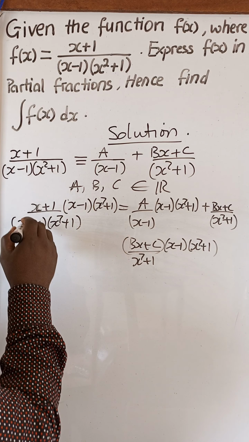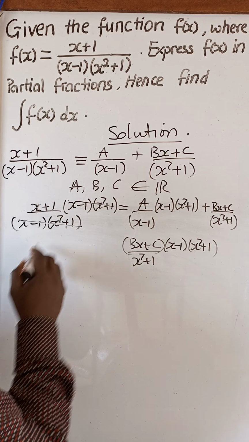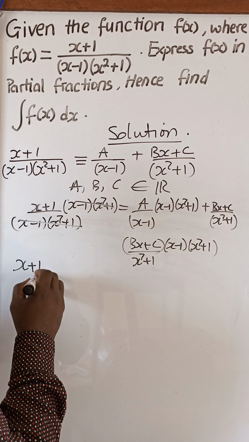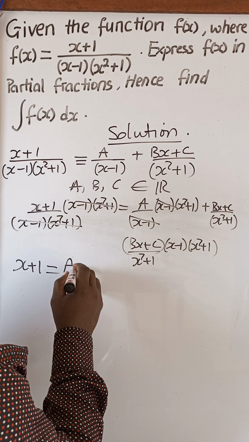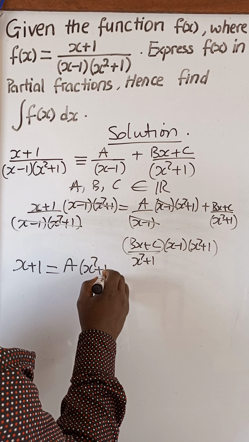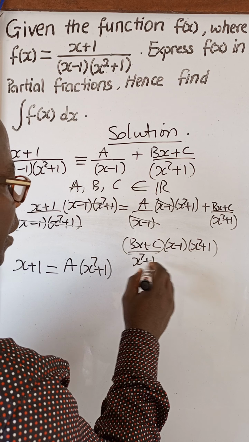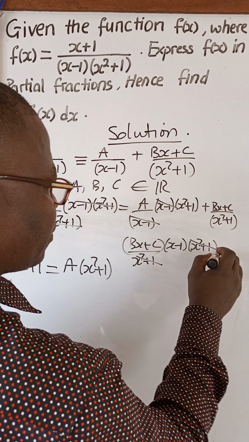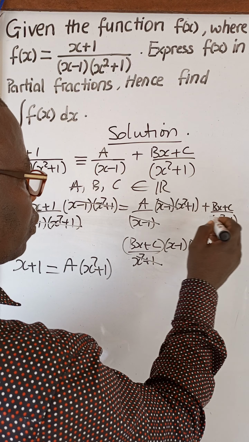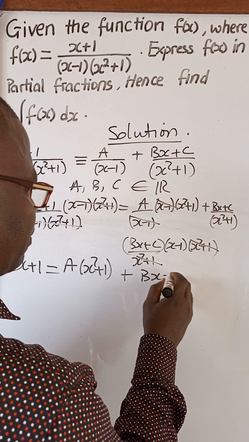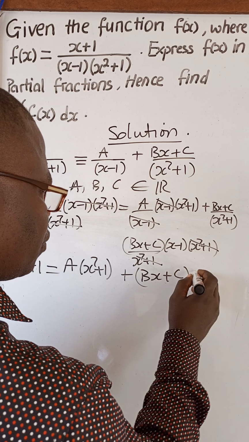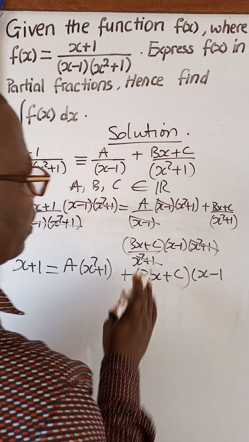Okay, so if we come here, we'll see this will just cancel out that, and so we're left with x plus 1. And then here, x minus 1 cancels out that. We have a into x squared plus 1. And then here, x squared plus 1 cancels out that, and so this last portion will just be plus bx plus c into x minus 1.